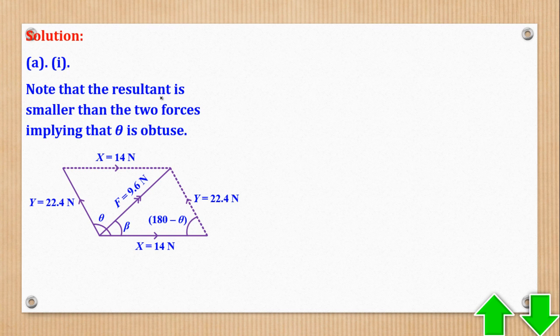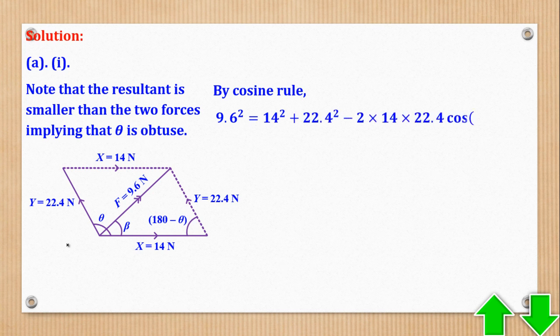Okay, so the question wants the value of theta. So you say that by cosine rule, this is equal to this squared plus this squared minus this times this cos 180 minus theta, which is this.